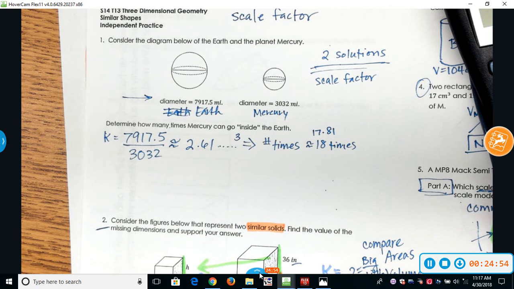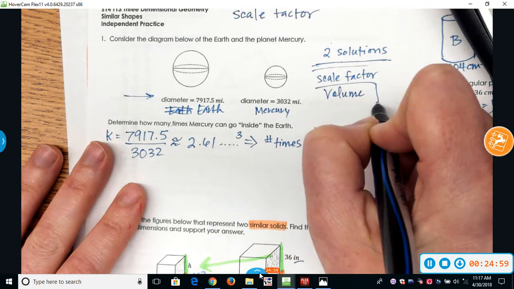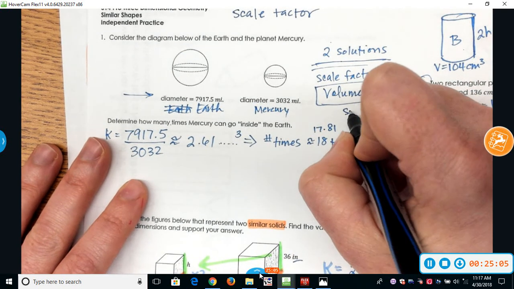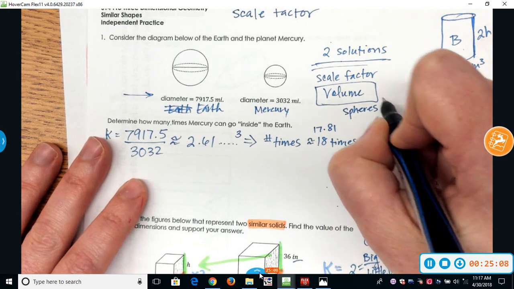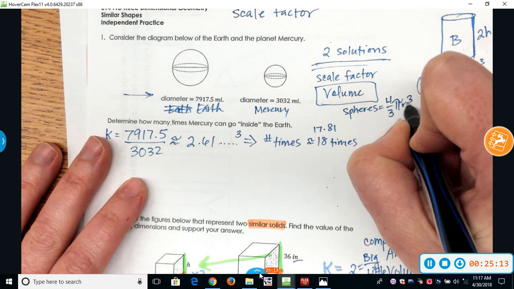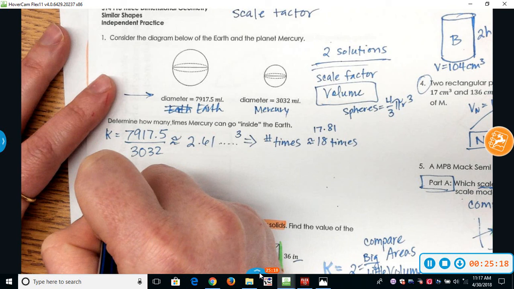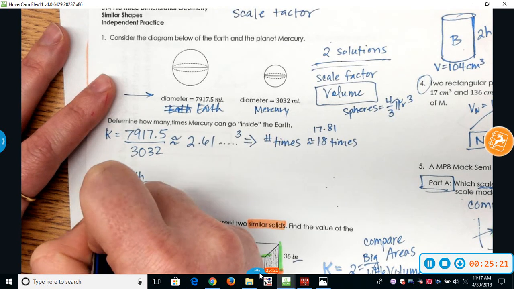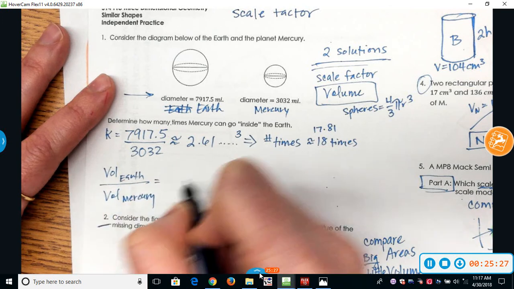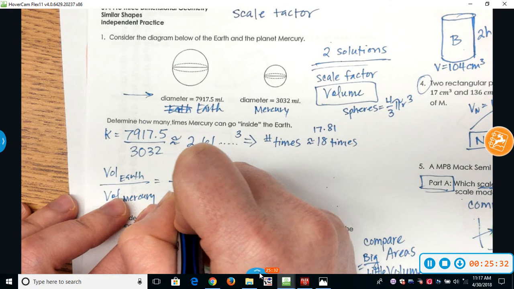Here's another way you can look at it. Volume. This section we've been dealing with volumes as well. When you have spheres, the volume equation is 4/3 pi r cubed. Let's set up a volume comparison. Volume of Earth to volume of Mercury. I'm going to just stack the two equations. 4/3 pi.